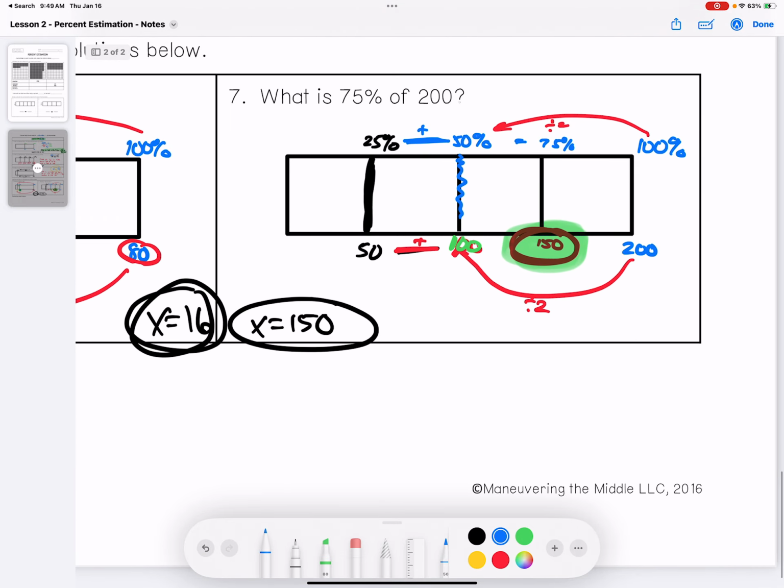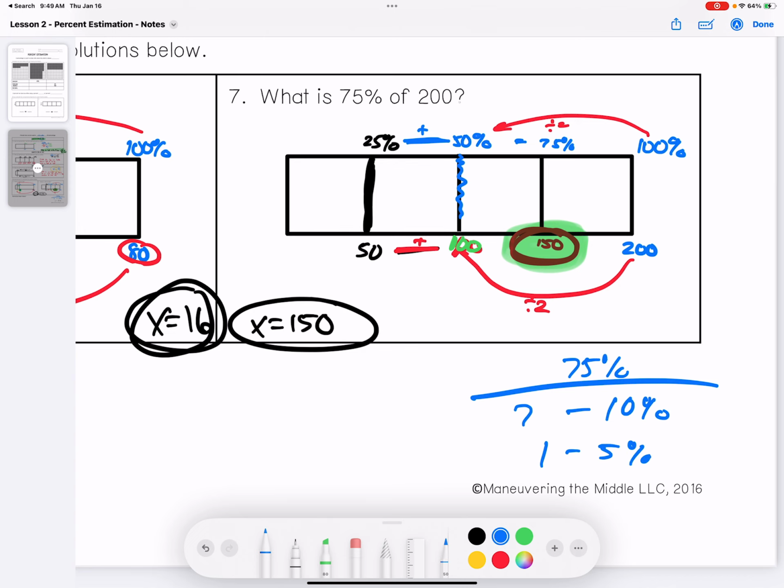I'm going to write this down here at the bottom. You don't have to do this. In 75%, there are 7 10%s and one 5%.